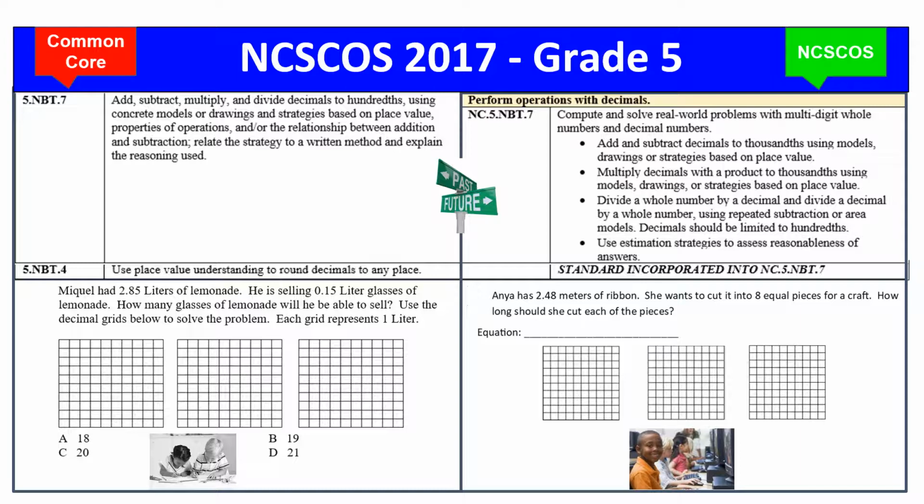Decimal division for 5th grade is now limited to dividing a whole number by a decimal or a decimal by a whole number. Also, numbers are limited to hundredths. In other words, students divide tenths or hundredths by a whole number or a whole number by tenths or hundredths.